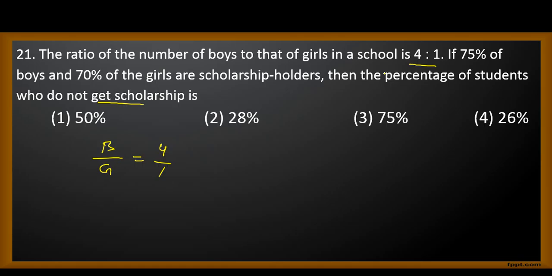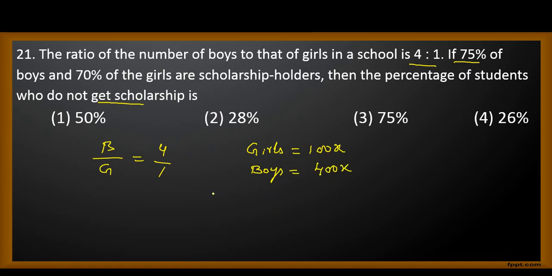As we are dealing with percentages, assume girls is equivalent to 100x. To make our calculation simple, you can take multiples of 100. Then boys is equivalent to 400x.